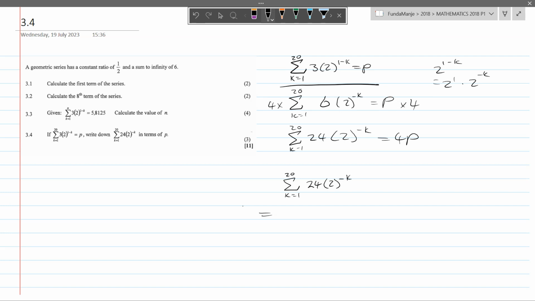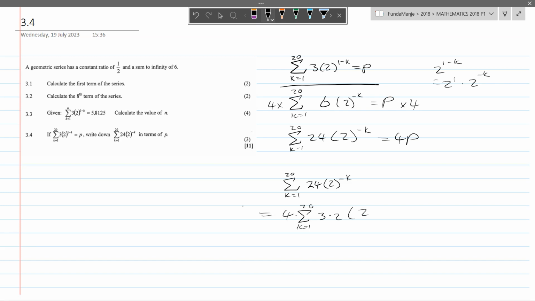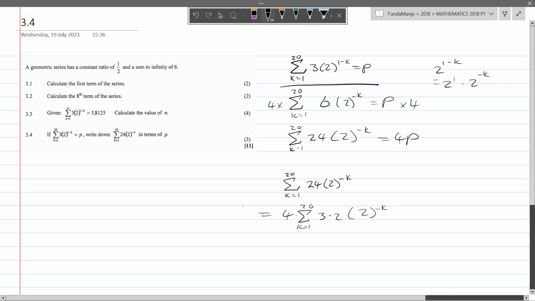So if I write it down as 4 outside the notation times 3 times 2, this will give us 24, and then have this alone as it is, and then we continue.